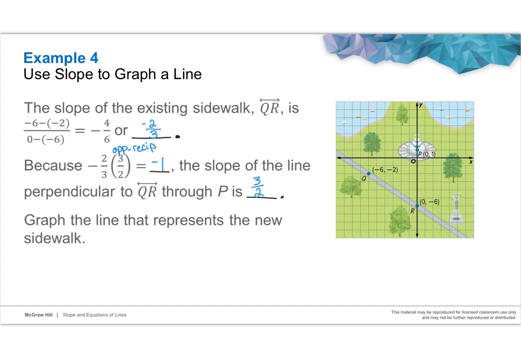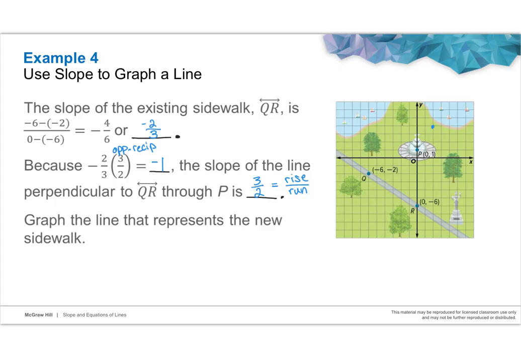If we graph that line, remember that 3/2 represents rise over run. We can start at point P and walk with a rise of 3 and then a run of 2, which puts us right there. Now, our new sidewalk needs to go back towards the original sidewalk from the fountain.